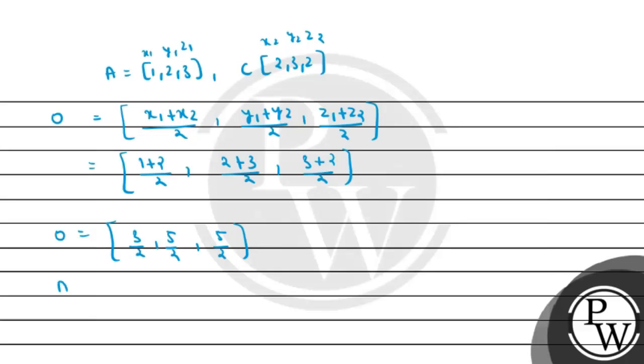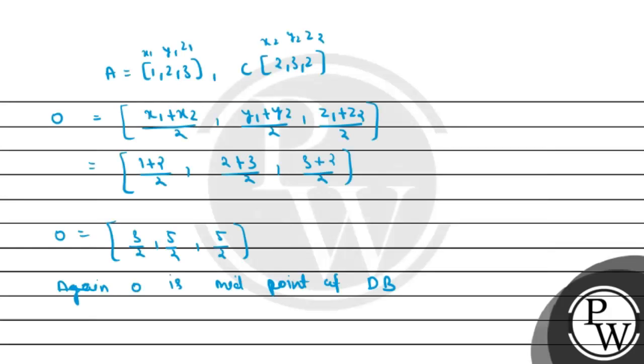Again, we know that O is the midpoint of DB. So again we apply the formula of midpoint, and the coordinate of D is x, y, z, and the coordinate of B is -1, -2, -1.